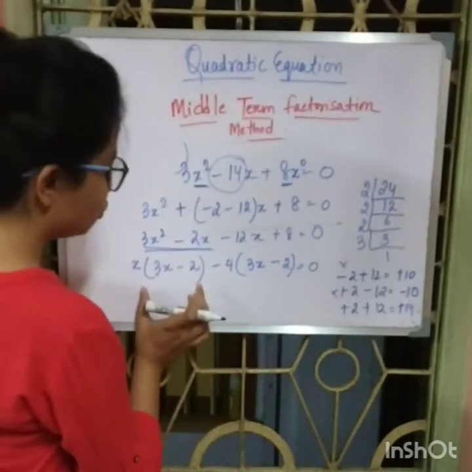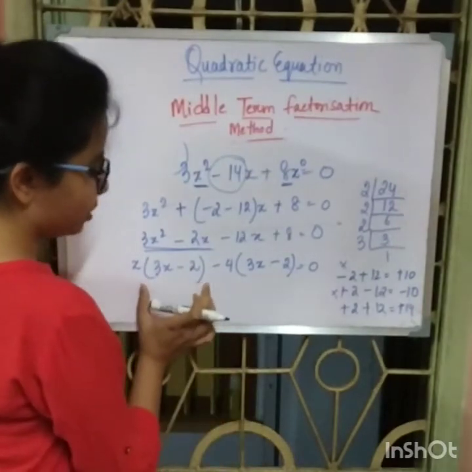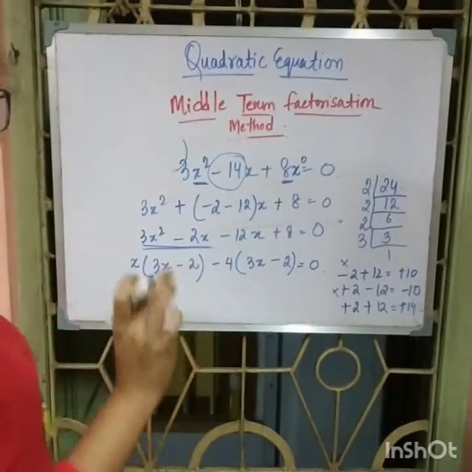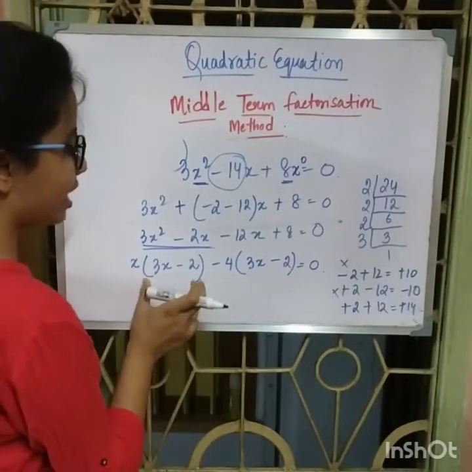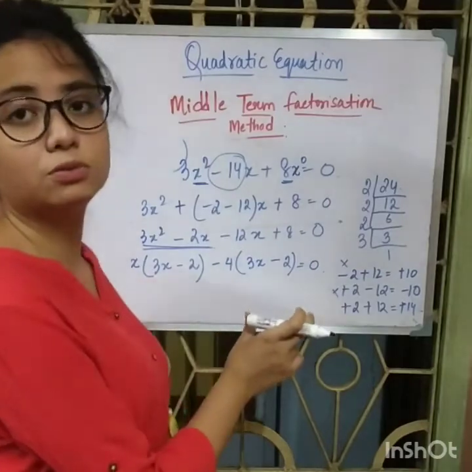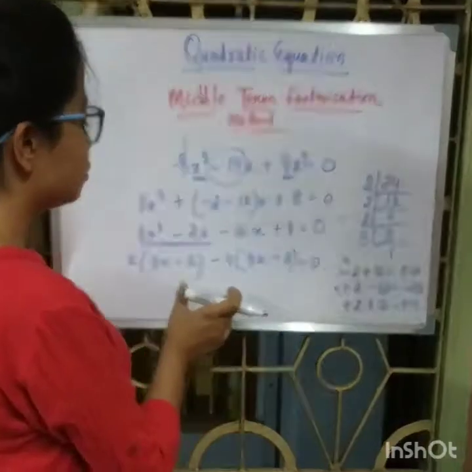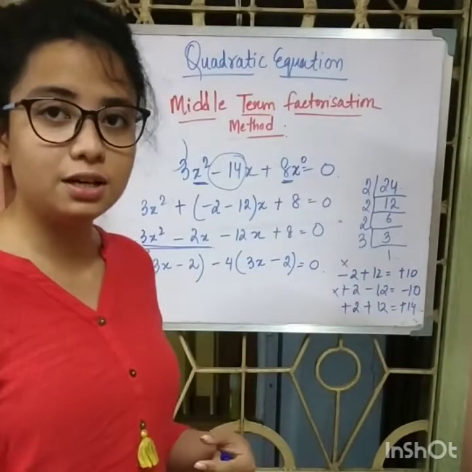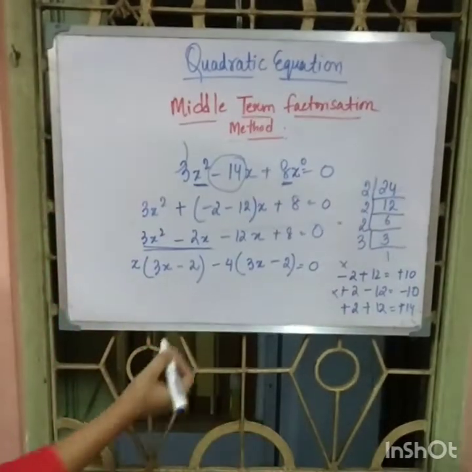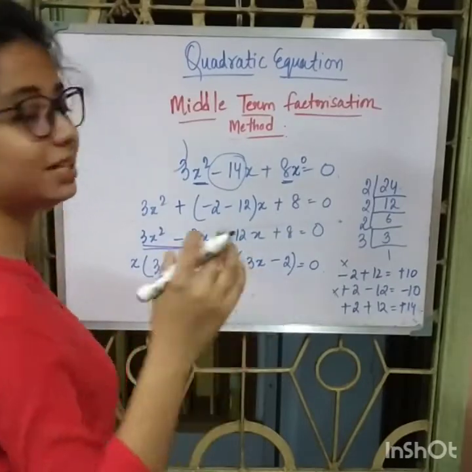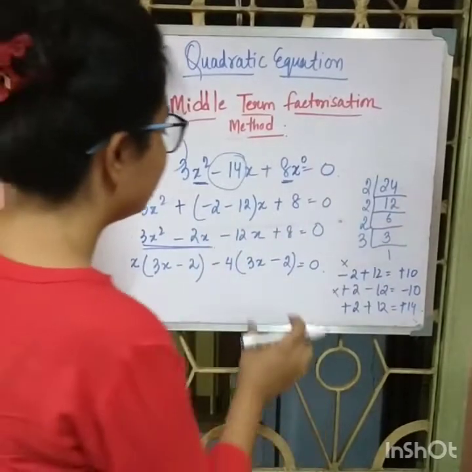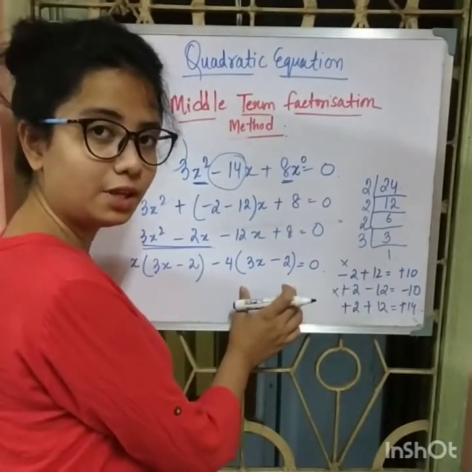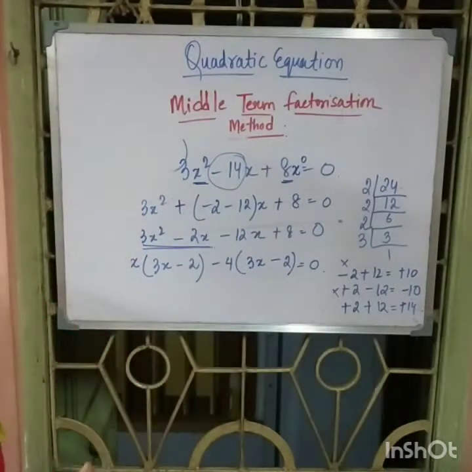Similarly, we have to get this 3x minus 2 in the second part also. So seeing this part, you can calculate logically, mentally, what sign we should take common so that the answer comes this way. I hope it's clear.